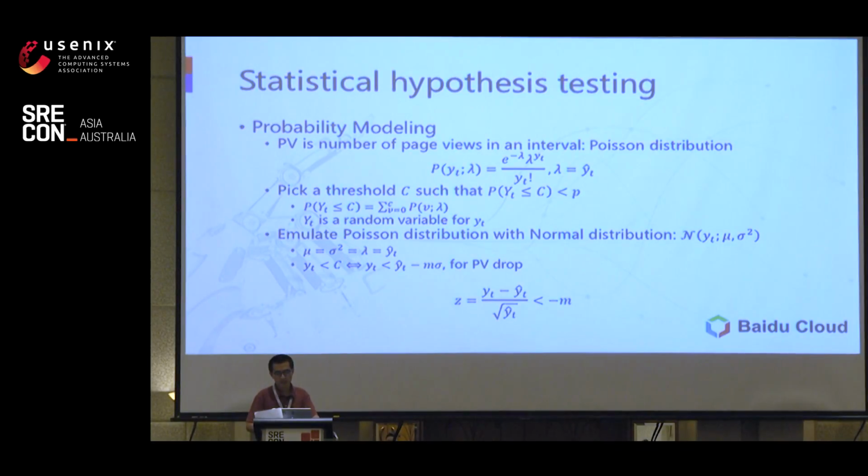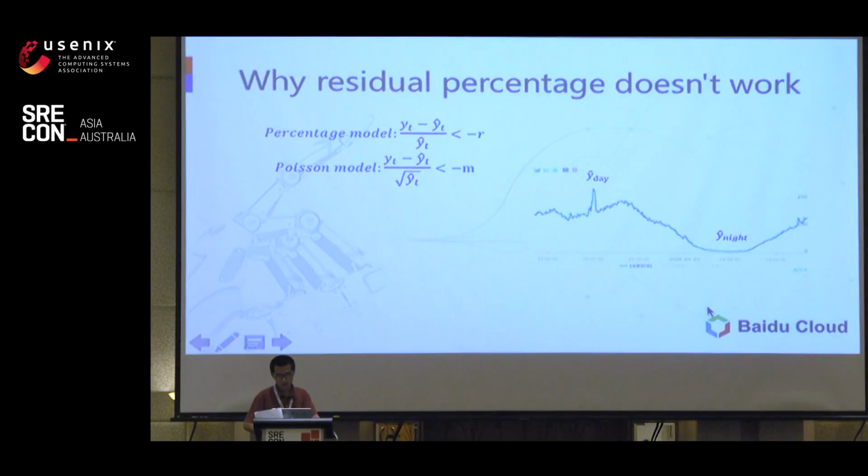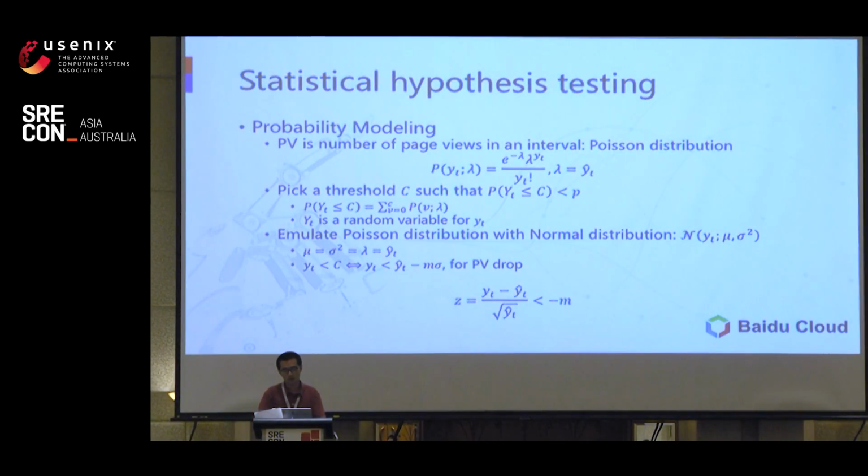To understand the behavior of the residue, we model the PV number using a probability distribution. PV number is the number of views or requests received in a fixed interval. This just falls into the scope of the Poisson distribution.